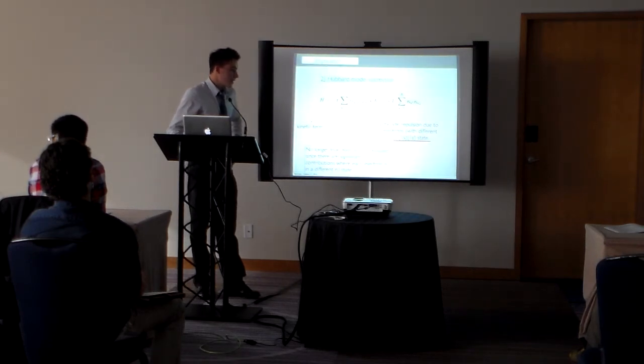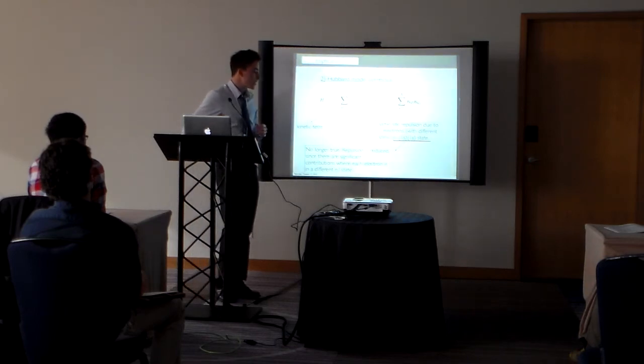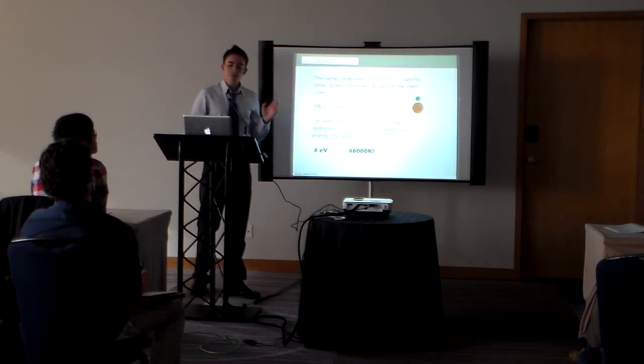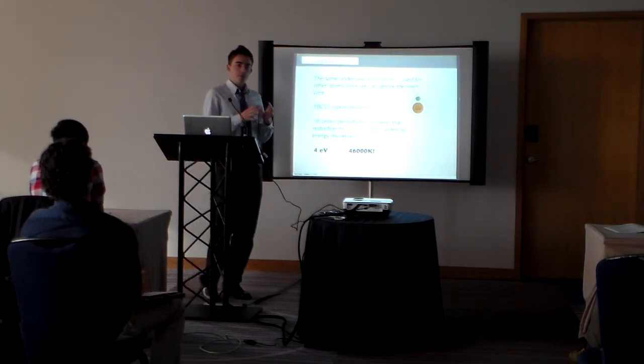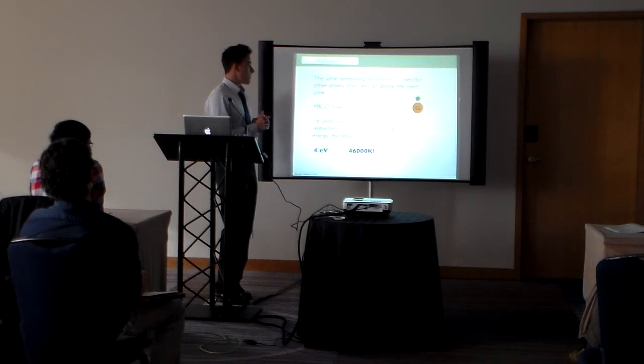But to get a vague idea of how big of a problem this is, let's remember the first thing I showed you in this presentation, which was that first order perturbation calculation.